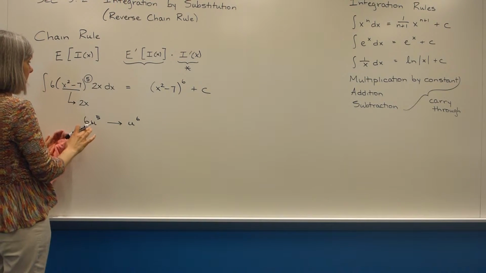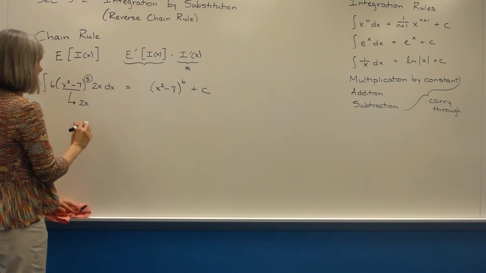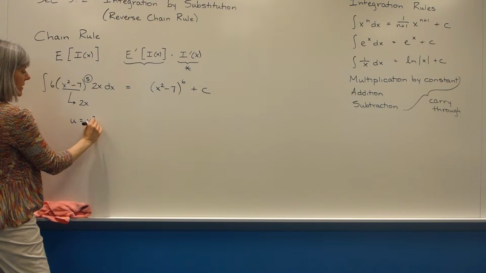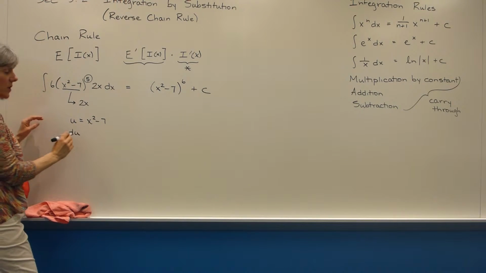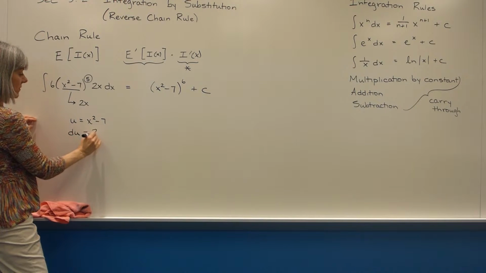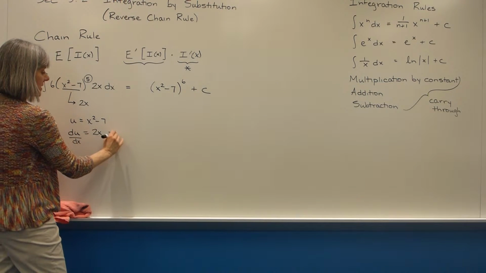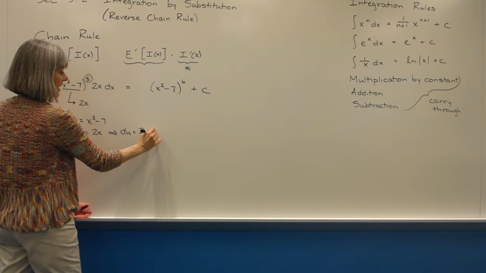To be more formal about this, let me just present a little bit more. So if I'm saying that u is equal to x squared minus 7, then I can find a differential, let's remember those, which is just simply the derivative, du dx, but then written this way, du. Solve for du, so 2x dx.